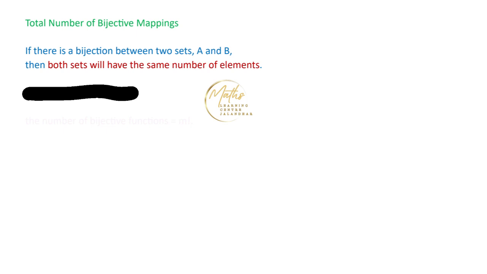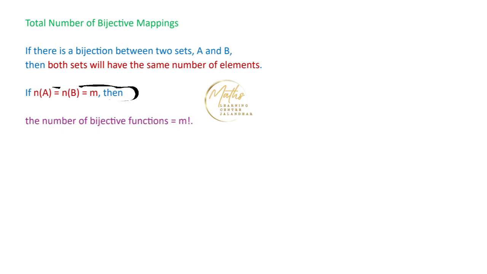So if n(A), the number of elements in set A, is equal to the number of elements in set B, which is m, then the number of bijective functions is m factorial.